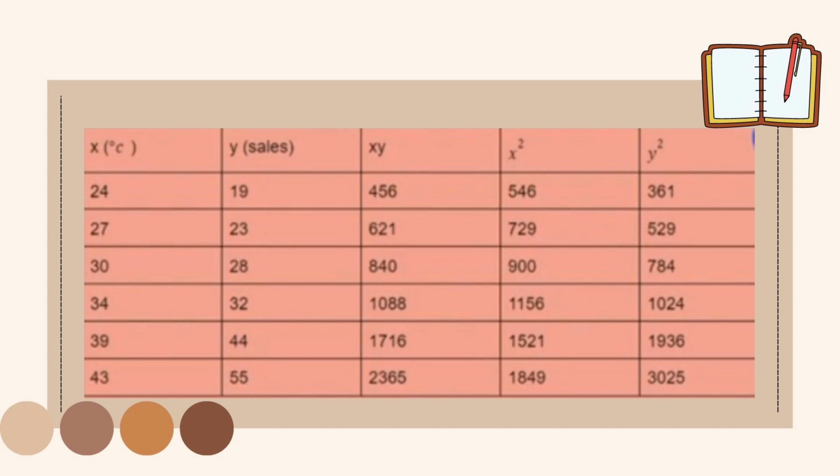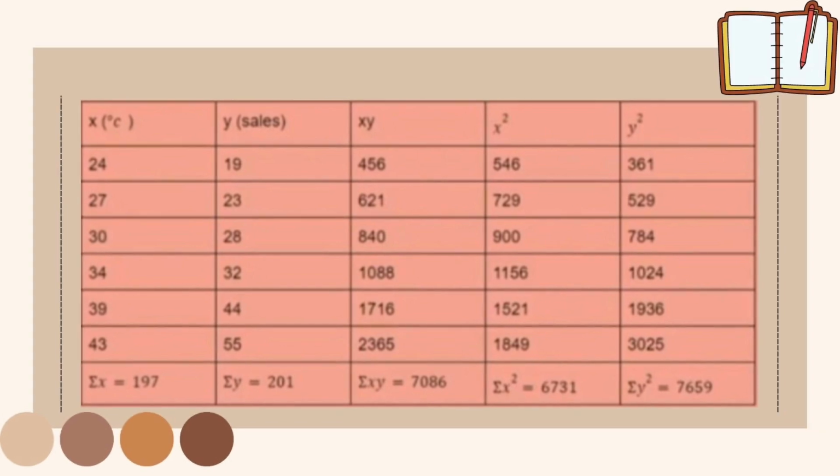Sa x squared naman, 546 plus 729 plus 900 plus 1,156 plus 1,521 plus 1,849. At panghuli, sa y squared, 361 plus 529 plus 784 plus 1,024 plus 1,936 plus 3,025.